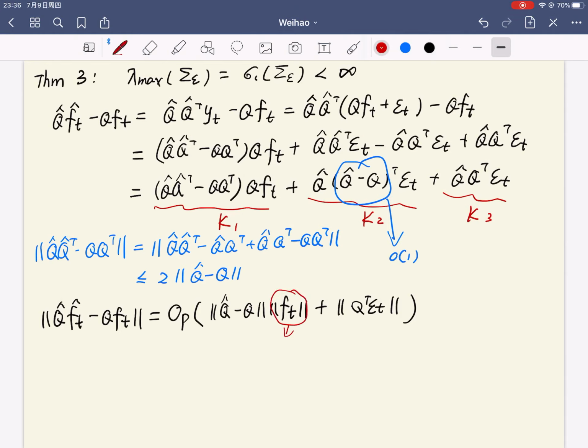For this ft, in lemma 3, we showed it has order p to the power 1 minus delta over 2. And for the second part, Q transpose the error, we expand it and use the triangle inequality.